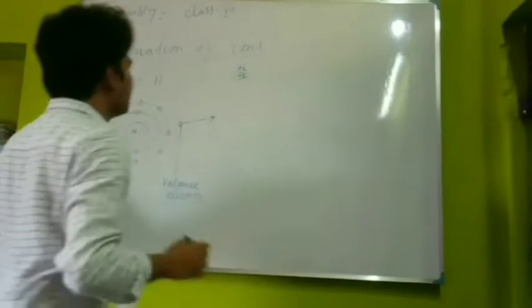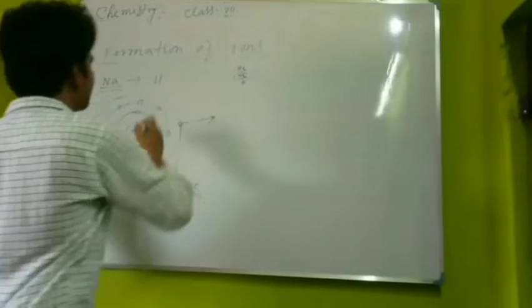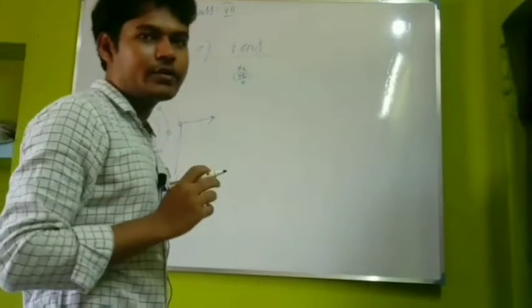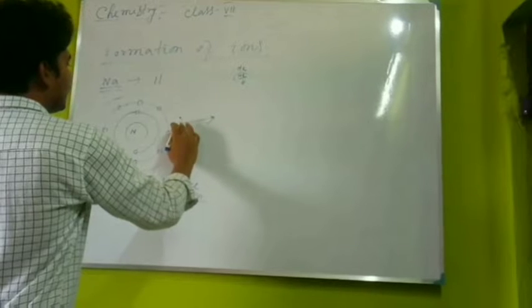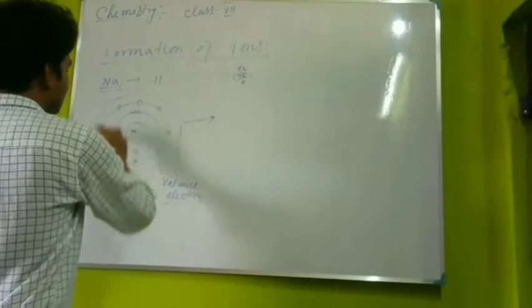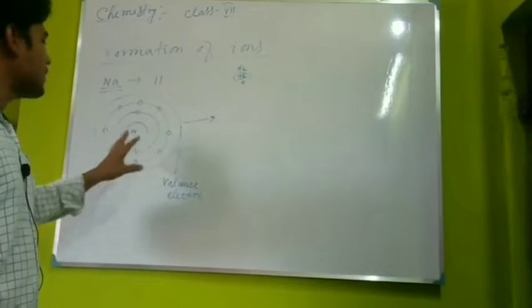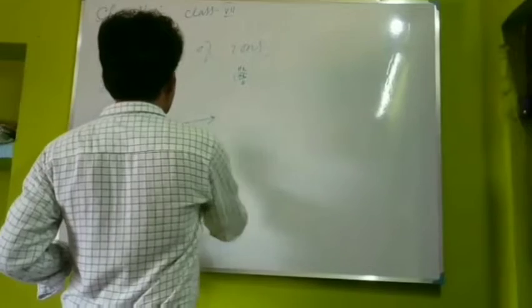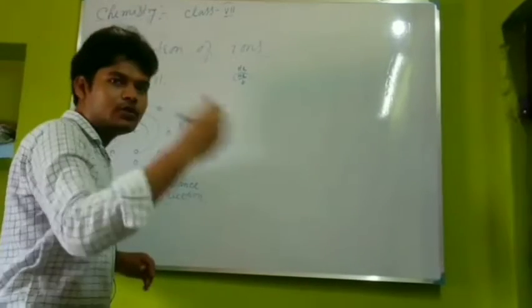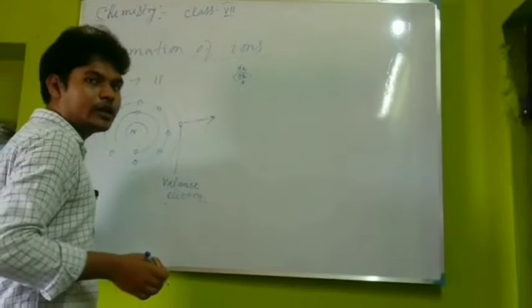So similar to neon, it always tries to get the electronic configuration, that means it wants 8 electrons at its outer shell. To get this, it always wants to lose one electron.